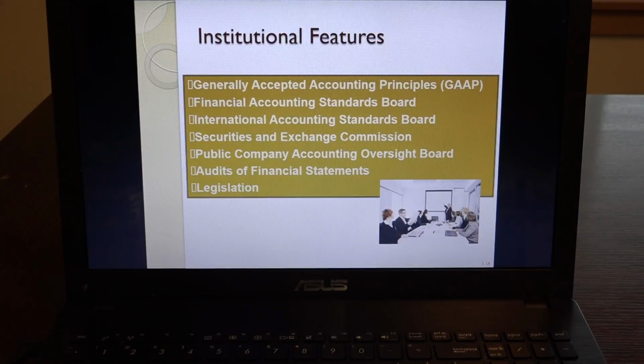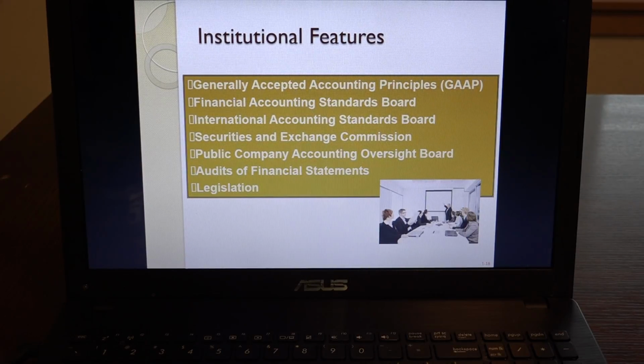And so they're not giving assurance that the financial statements are absolutely correct, but they have to follow certain guidelines in their audit, certain professional responsibilities in doing the audit, to give the public, and this is mainly for public companies, reasonable assurance that the numbers are correct, okay?